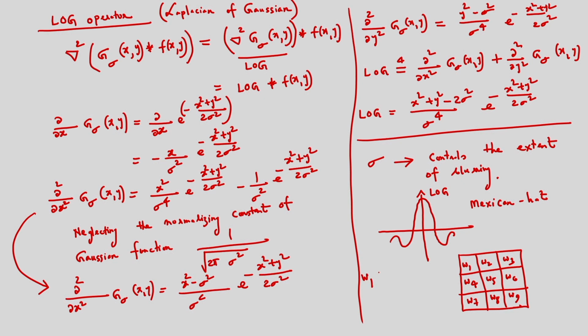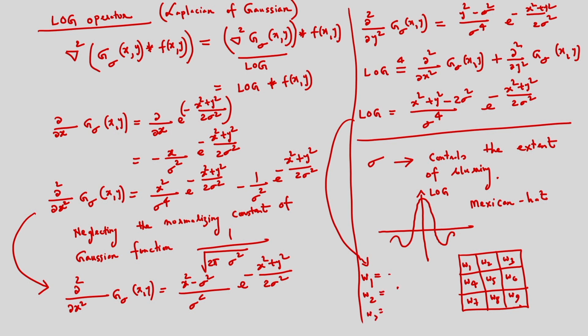W1 I can determine from this LoG function, that is nothing but the discrete approximation of the continuous function. So corresponding to this LoG function, I am determining the mask, and I can determine all the weights W1, W2.